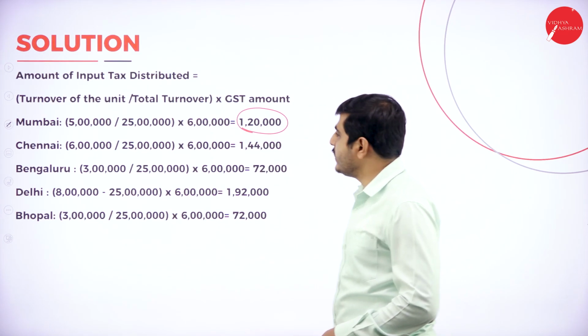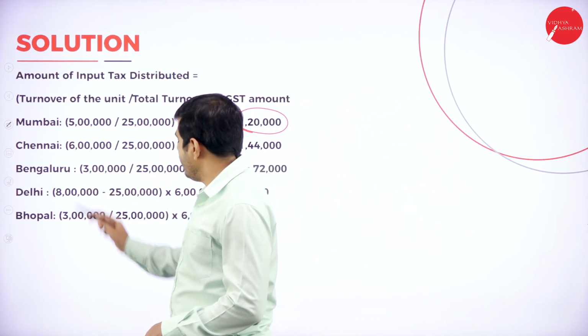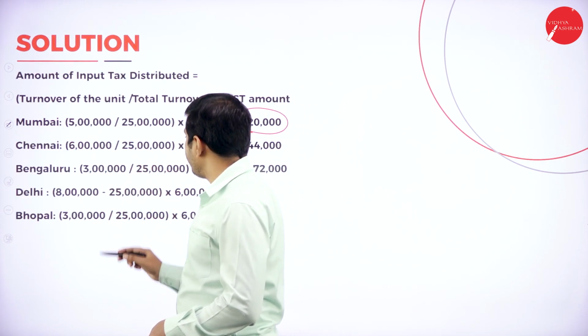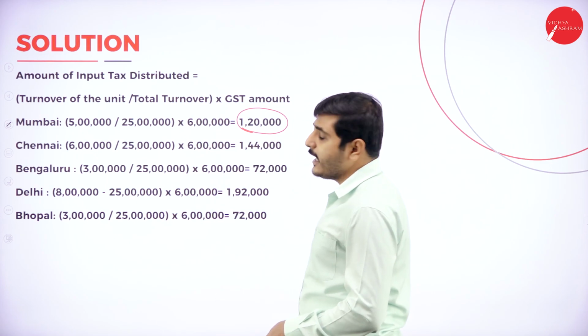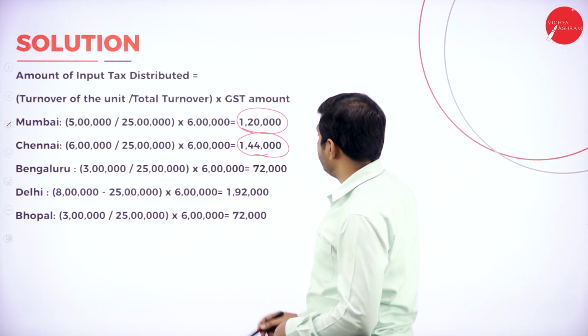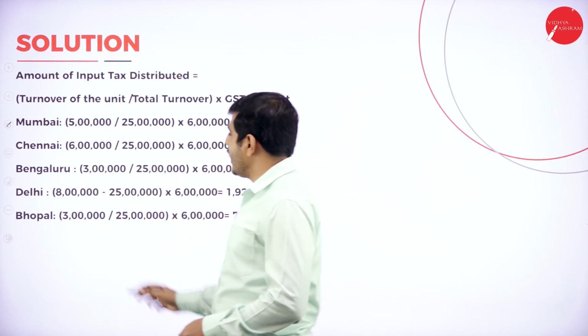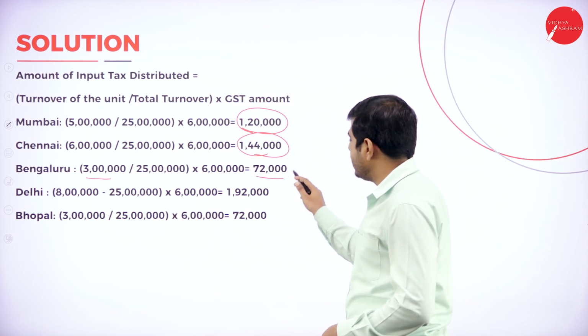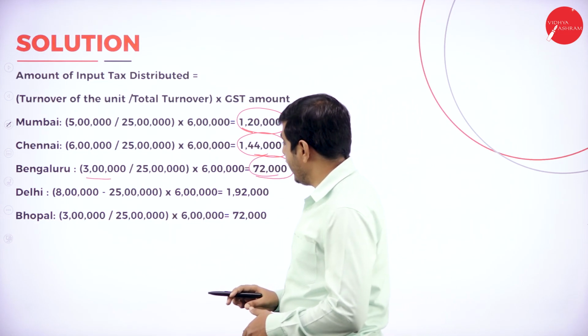It is 1,20,000. Now come to Chennai. What is our turnover? 6 lakh. So 6 lakh divided by total turnover 25 lakh, into 6 lakh ITC. The ITC available to the Chennai branch is 1,44,000. Come to Bangalore. Again, 3 lakh divided by 25 lakh into 6 lakh, 72,000 is the credit available.